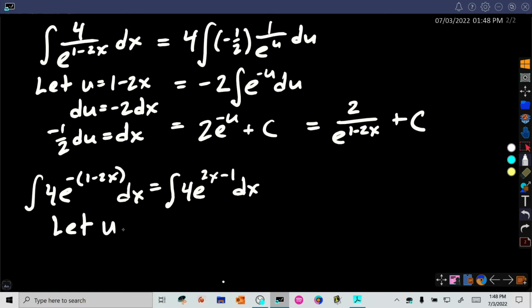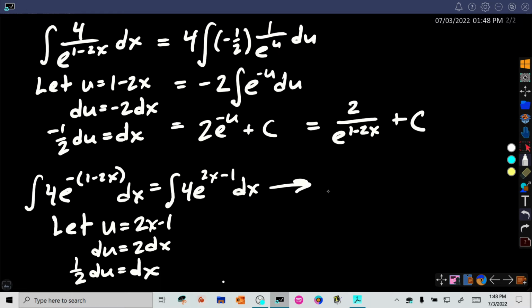So let u equal 2x minus 1. du is going to equal 2 dx. And then I'm going to just do 1/2 du is equal to dx here. So as a result, this thing converts into 4 times 1/2 times the integral of e to the u du.